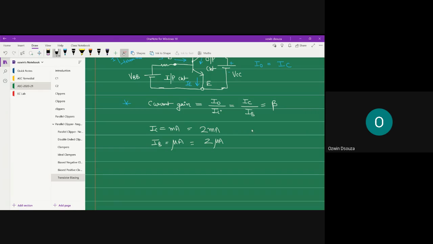When you take the ratio, what do you get? Beta is equal to 2 into 10 to the power minus 3 divided by, sorry, 10 to the power minus 6 it should have been. Divided by 2 into 10 to the power minus 6. So what do you get? Beta is equal to 10 to the power 3.